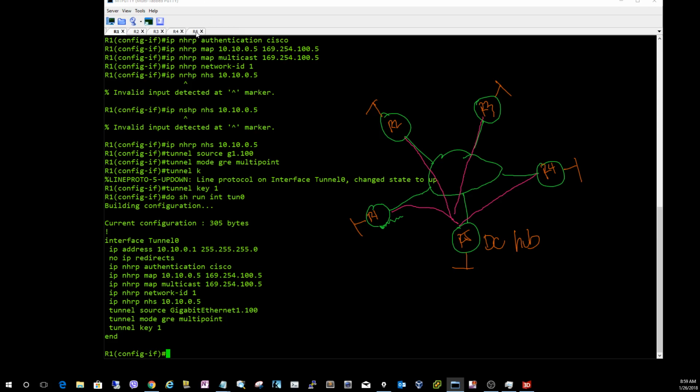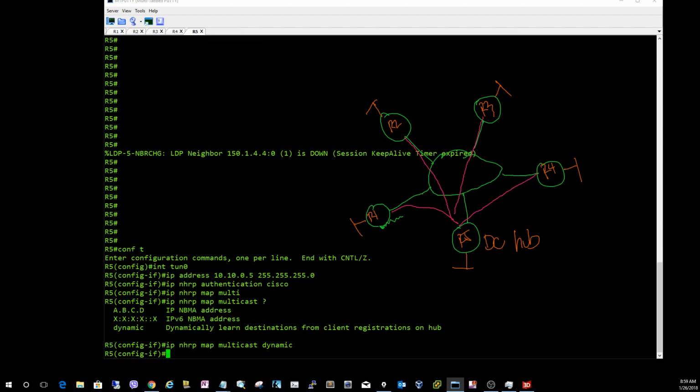But on the hub, since we do not know where it is coming from, that's the beauty of it. In the background, it will just determine, okay, I know it's coming from this public IP, and it maps to its private IP. So that's the simplicity of it. Then the next one that we're going to need to put in here is network.